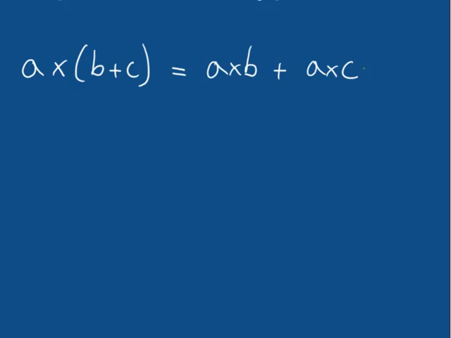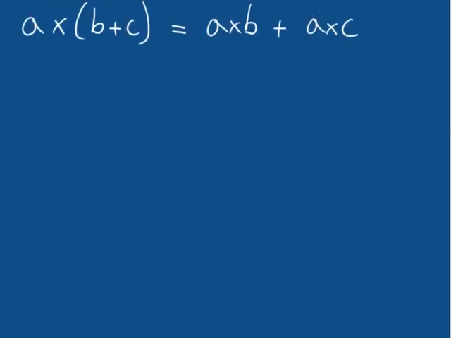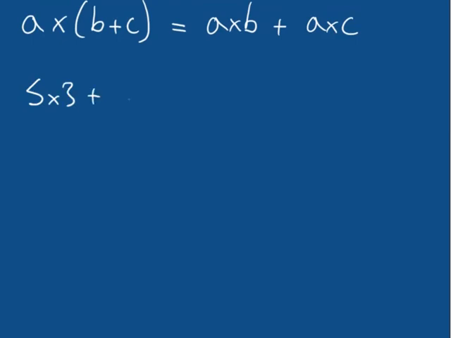So as we have seen, for example, we can expand, as I scroll back up, 10 times (1 plus 2 plus 3). When we brought that out of brackets like this, out of parentheses, that's called expanding. But alternatively, if I had 5 times 3 plus 5 times 4 plus 5 times 5, say, I can factorize this, which is the reverse of expanding.